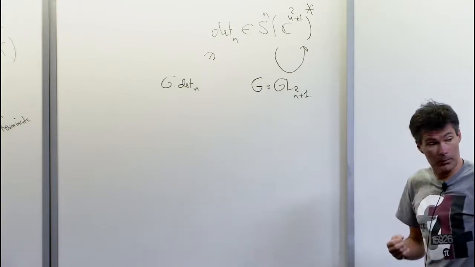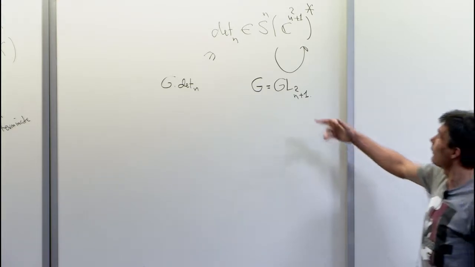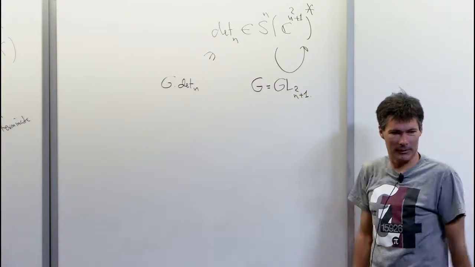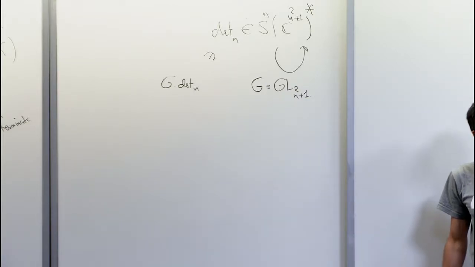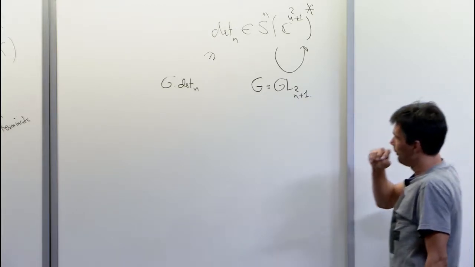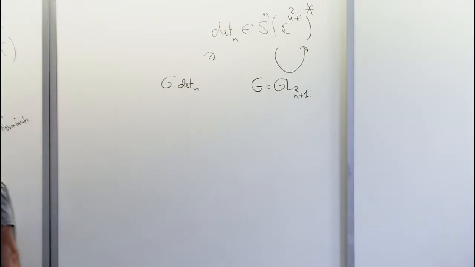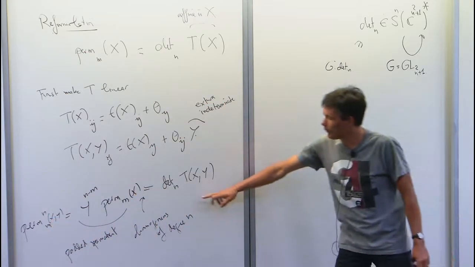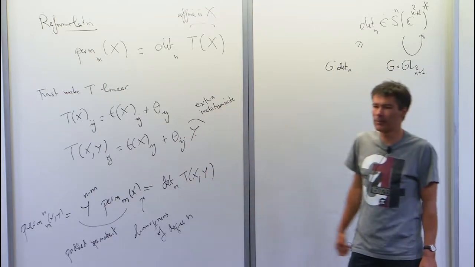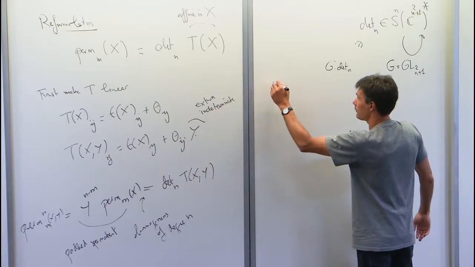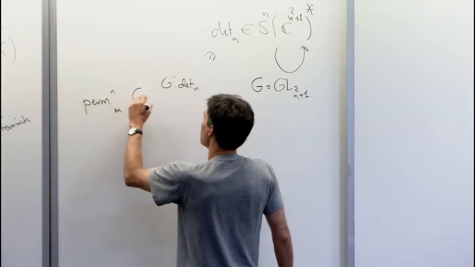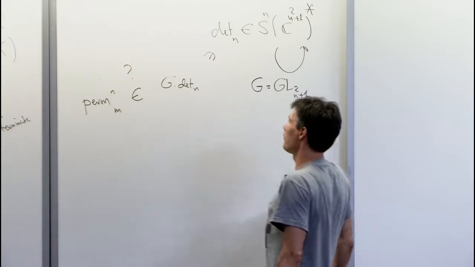The determinant does not involve this new indeterminate, but still I can consider it as a polynomial in one more variable. And now what I want to do is express this padded permanent as the result of this operation, so something in this orbit. So this is the question here.